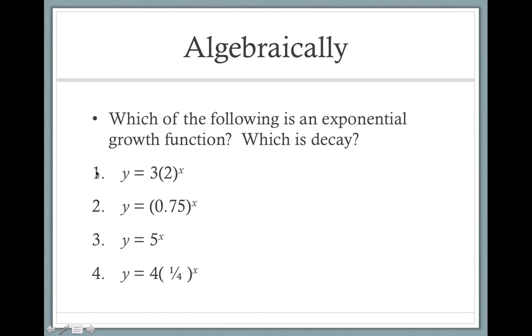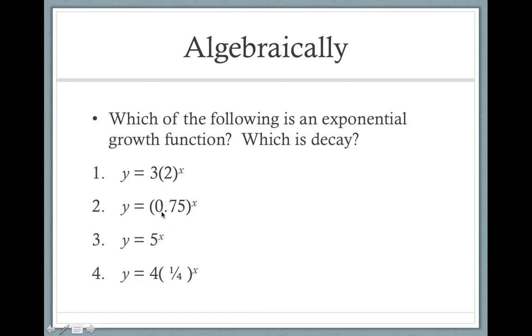So that means 1 would be something that we would consider to be exponential growth, and it also means that 3 would be considered exponential growth because our base is 5.